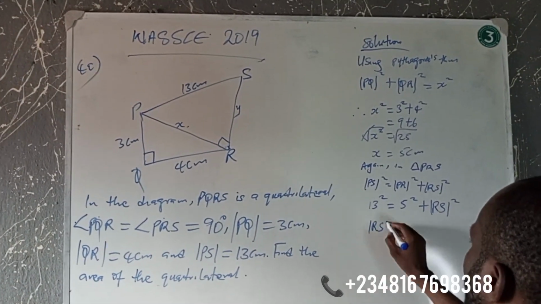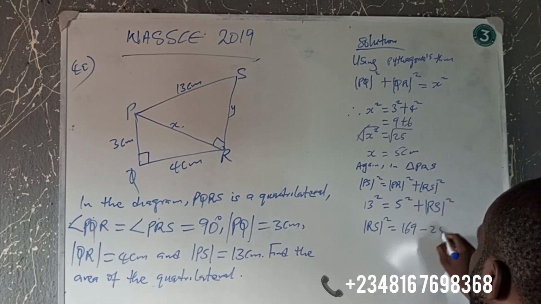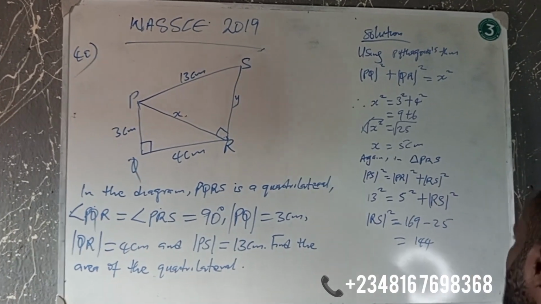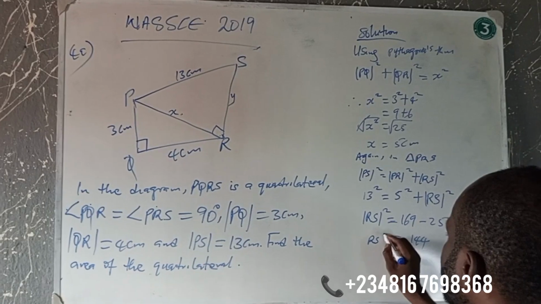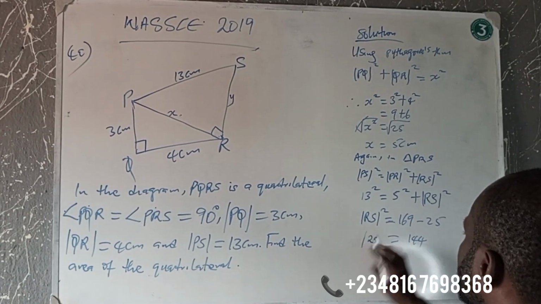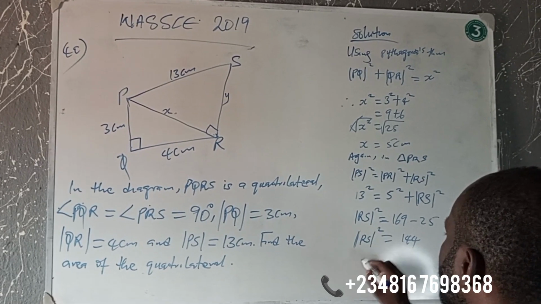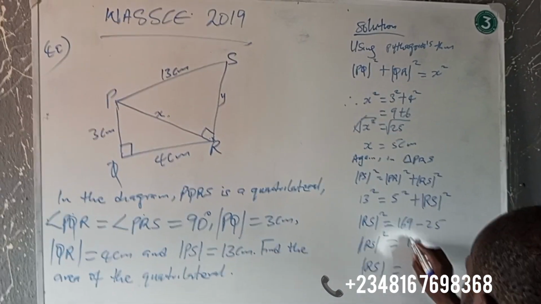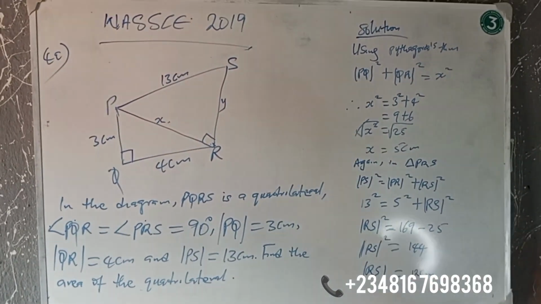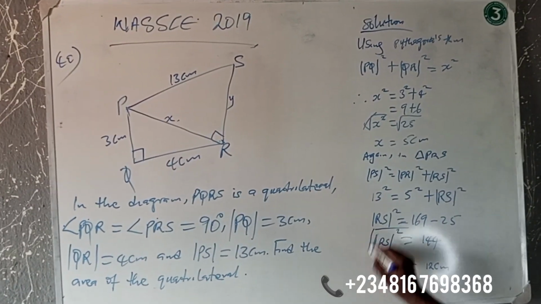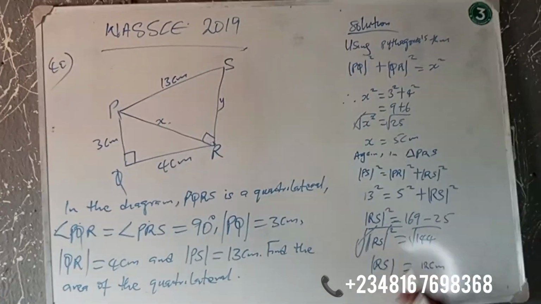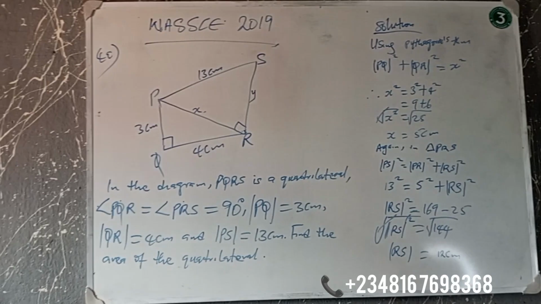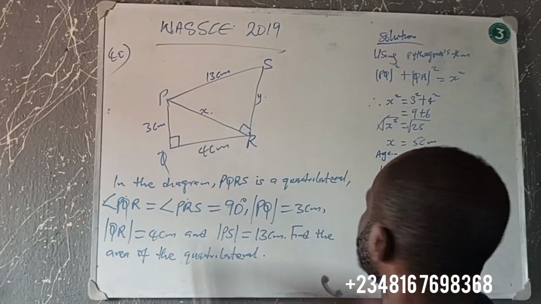That is RS squared equals 169 minus 25, which gives me 144. Taking square roots on both sides, we have RS equal to 12 cm. As I have explained before, we just take the positive value, which is 12 cm. So here now is 12 cm, while here is 5 cm.